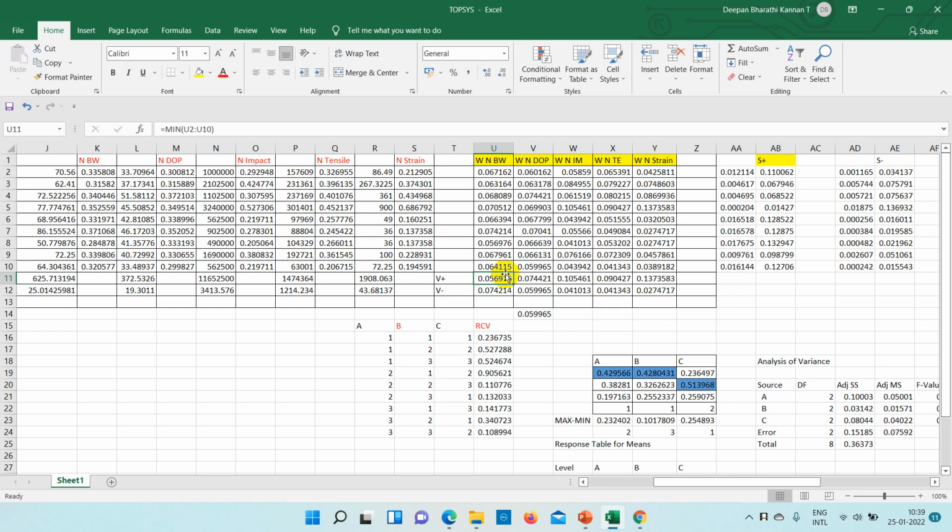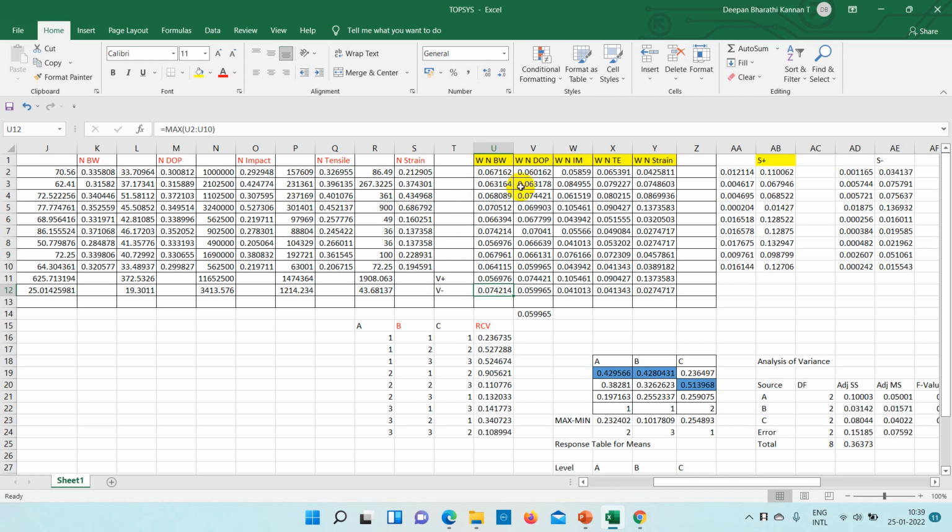So among the 9 values the one having the highest value should be taken as V minus. You can see here 0.74 is the highest value, so that is taken as V minus. So bead width, our intention is to minimize, so V plus should be the one having the least value and V minus should be the one having the highest value.